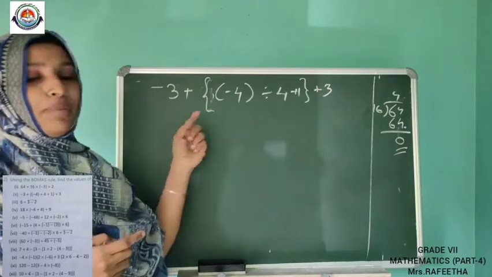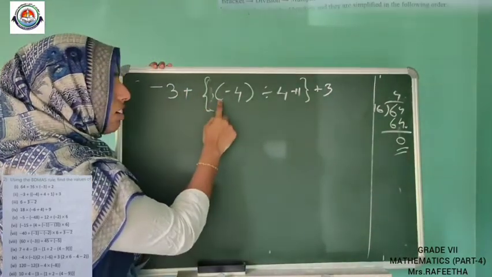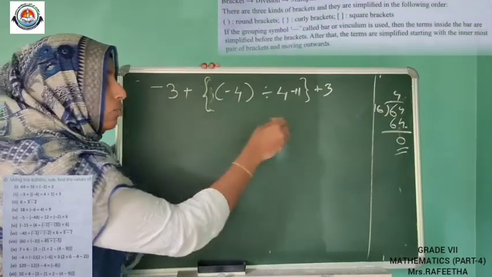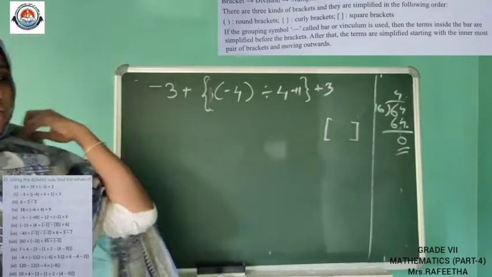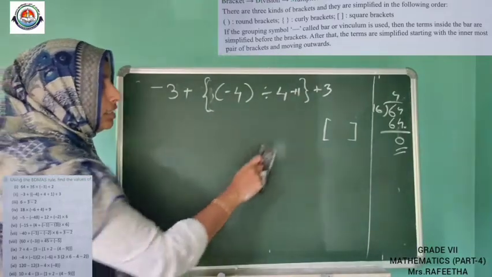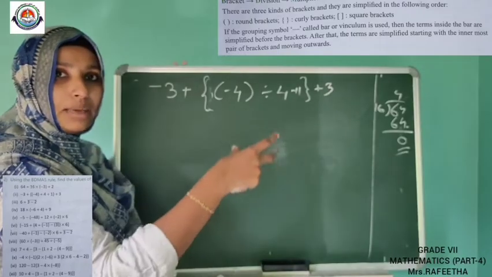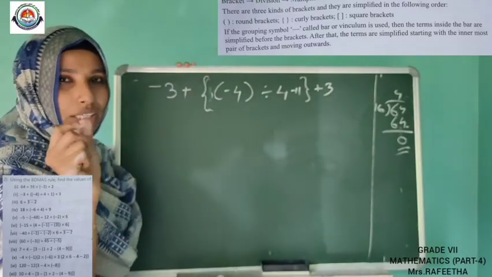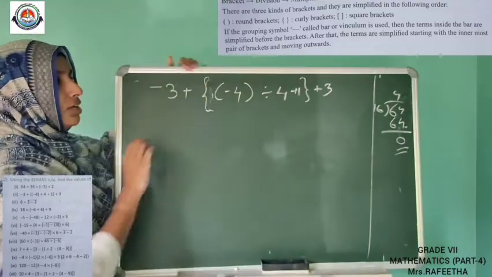Yeah, two types of brackets are there here. Okay, this is called curly bracket and this is called round bracket, and one more bracket type is there. This is called square brackets. These are the different types of brackets. So read this image clearly, and note down the important points in your notebook. Okay, so we can solve this.